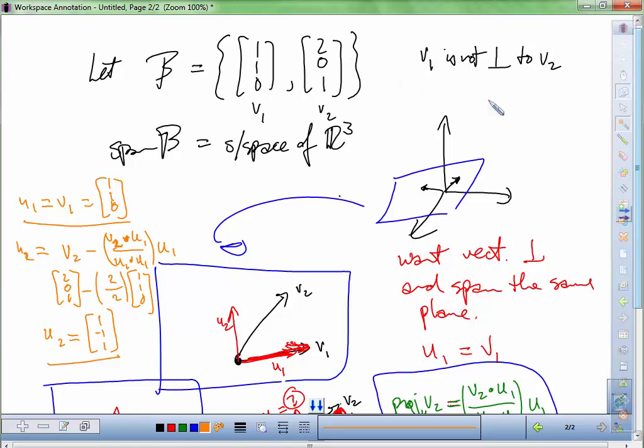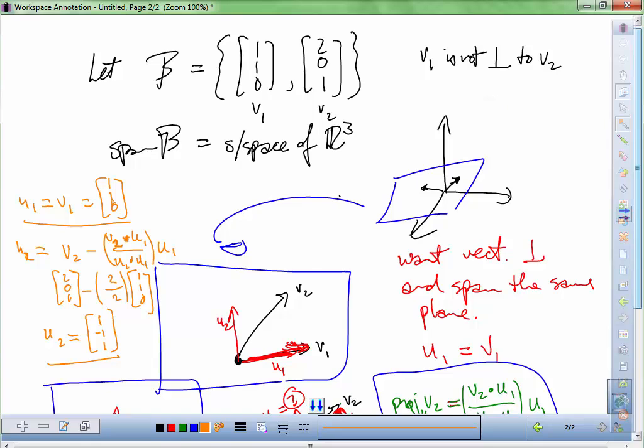We're doing 2 vectors in 3D just for the sake of visualization, but technically this could be any size vector in any size space, as long as the space is bigger than the vectors. We can have 4 vectors in R5, for example.